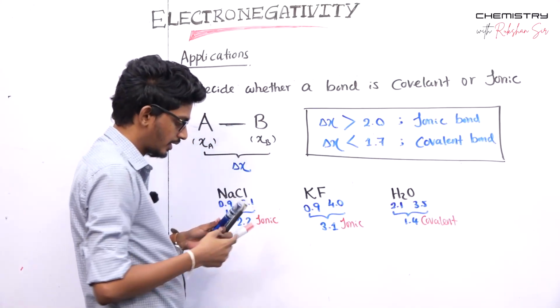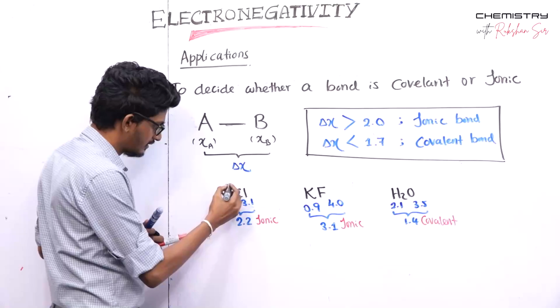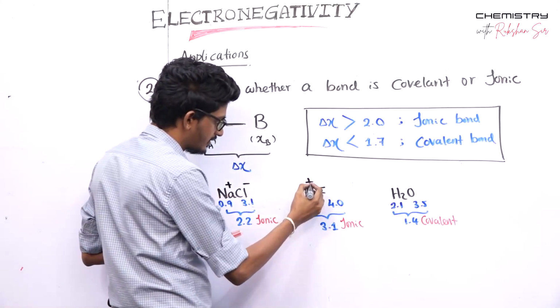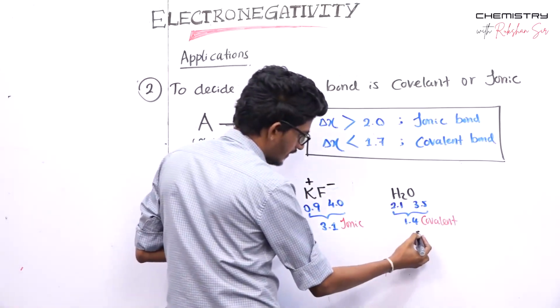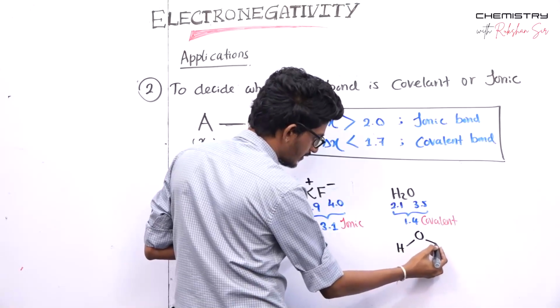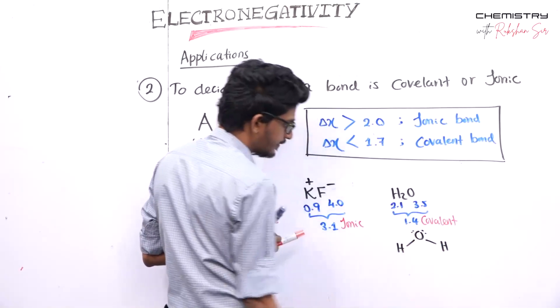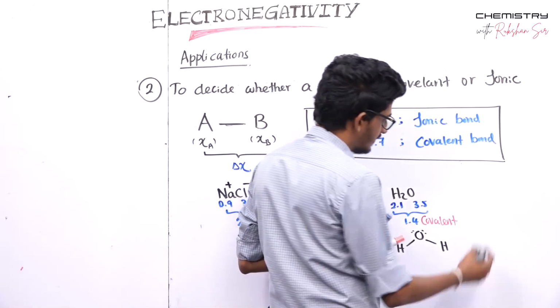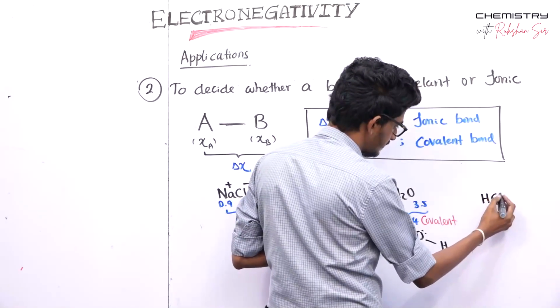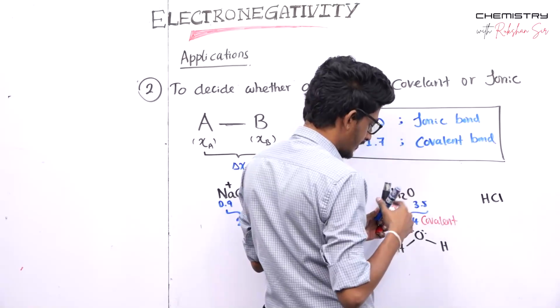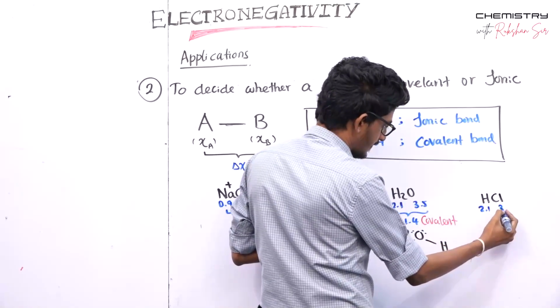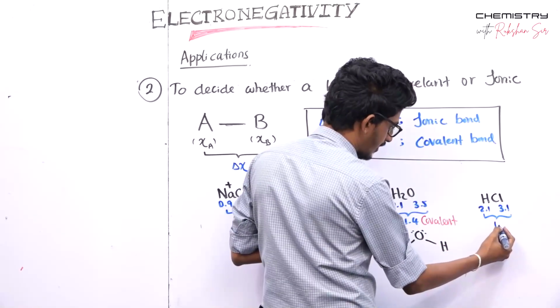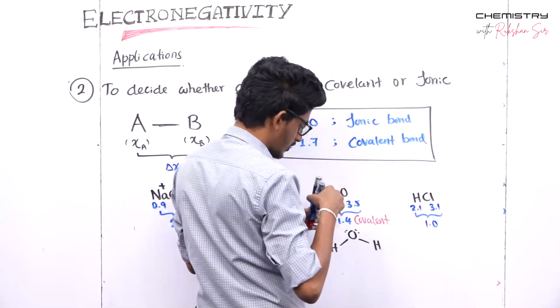See, you can draw them. NaCl appears like this. KF appears like this. H2O appears like this, with covalent bonds. Another one, HCl. See, 2.1 and 3.1. The difference is just 1 unit. So it is covalent.